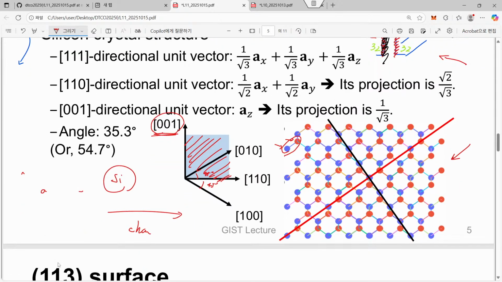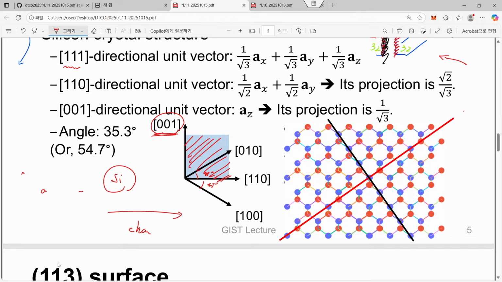If we just have some resolution to watch or see atoms, then if that is bulk silicon, everything will be seen as a dot.